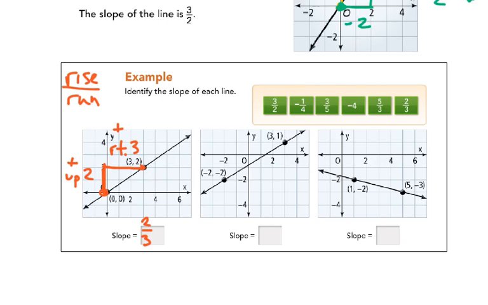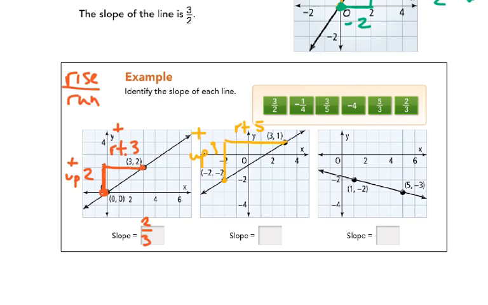If we take a look at the next example, to go from this point here to this point here, I would travel up 3, and then I would go to the right 5.